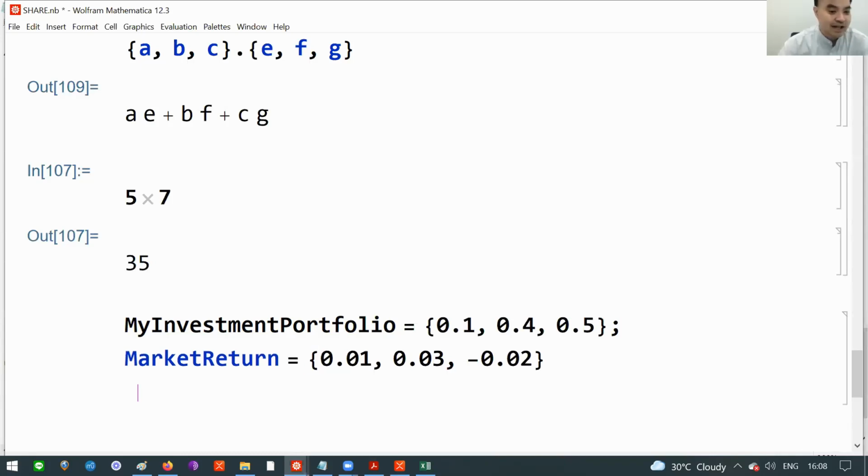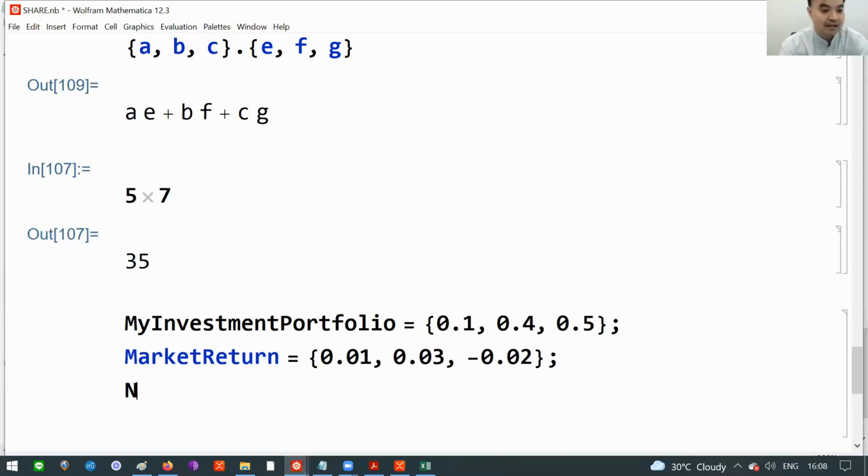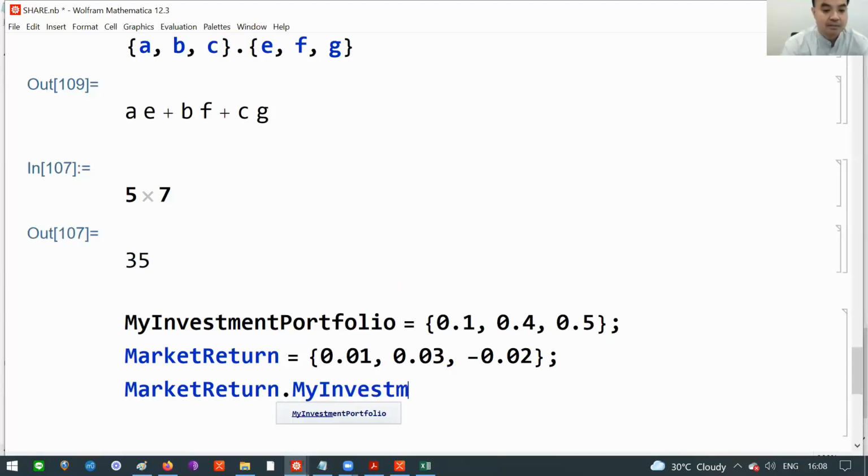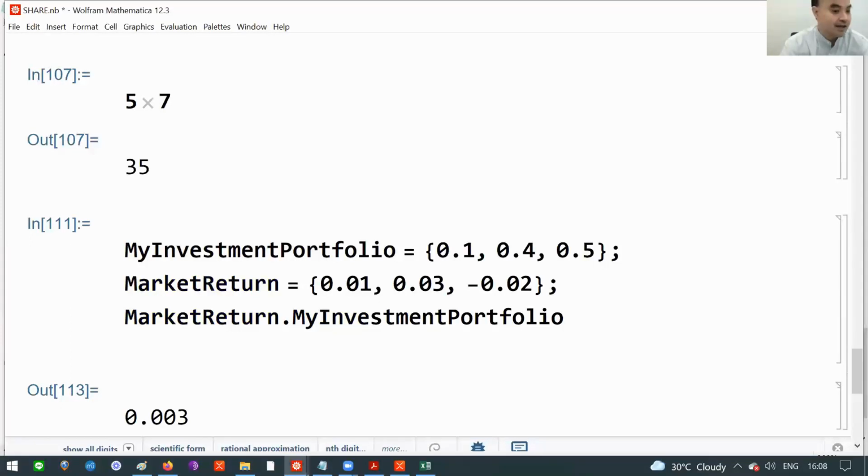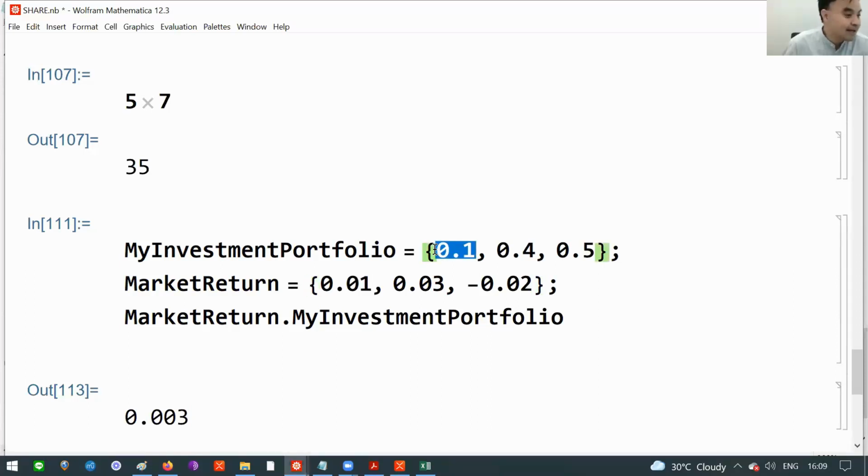So my question is, what is my return? My return is equal to market return dot my investment. Okay, so I actually gain 0.3%. Why? Because I make 1% from 10% of my investment.